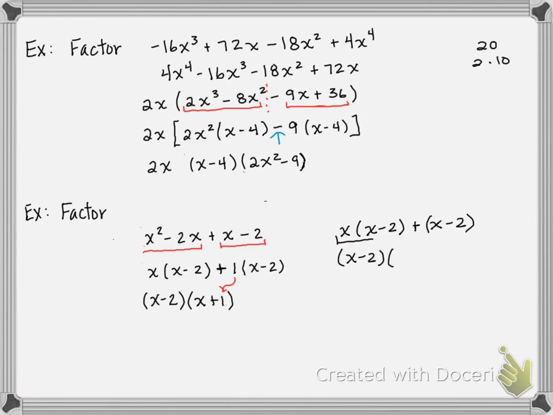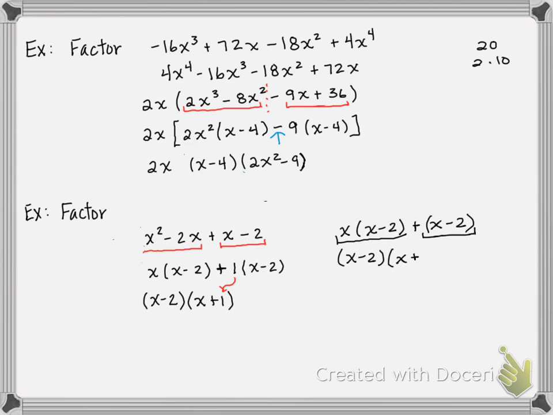And then when I pull it out, what's left here when I take out an x minus 2? There's an x. And then between my two groups, I have addition. And then what's left here when I take out an x minus 2? Nothing, right? But really, it's a factor of 1. Dividing by x minus 2 doesn't give me 0. It gives me 1.